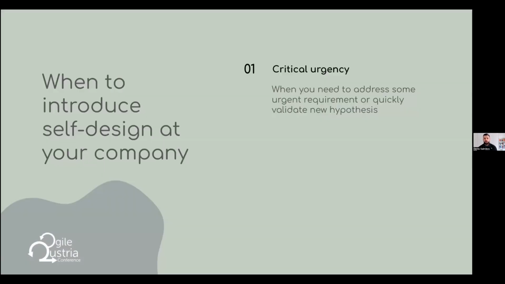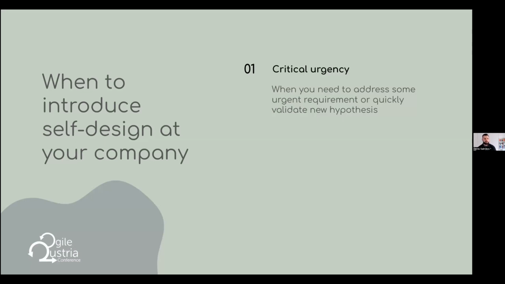So when you could potentially introduce such a workshop or such an activity in your company. First obvious situation is some critical urgency. And I'm not talking here about just some average bug or some average incident happening in production, because if it's already happened, it's too late.